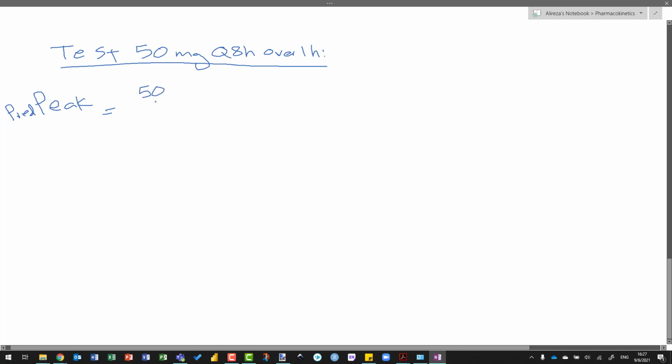So we're doing 50 milligram infused over 1 hour, so you see this calculation becomes easy. You don't have to divide 50 by 1 in your calculator. You just type 50 here, and then you multiply by 1 minus e to the negative k times time of infusion. We already know k is 0.181.